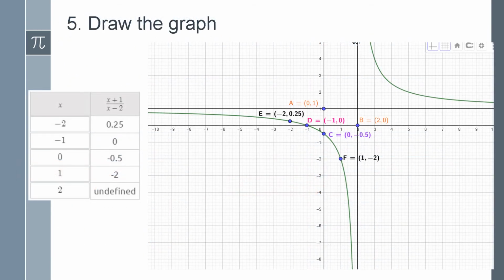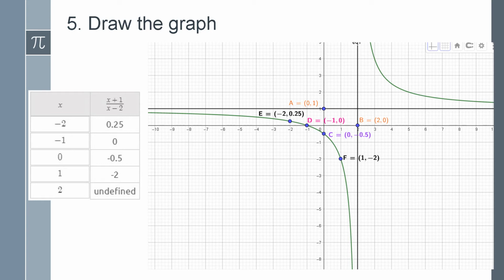Okay, let's draw the graph of (x + 1)/(x - 2). On the left side, we have the table of values of x and y, which is the f(x). We have the values of x, which are -2, -1, 0, 1, in order to plot more points and madraw natin ng madali yung graph kasi pa-curve siya, diba?